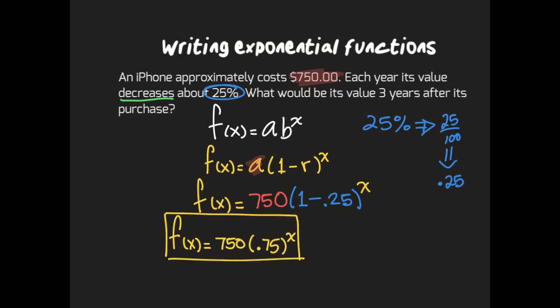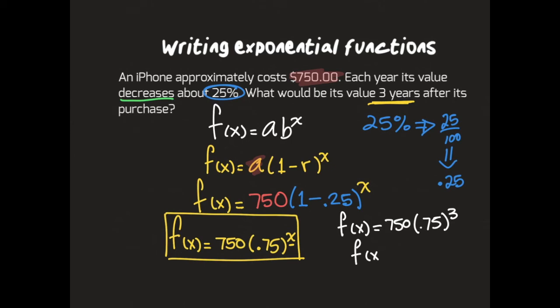But now we have to pay attention, because the actual question is asking what will be the value after 3 years. So what does that mean? Then my x value would be 3. It would look this way: f of x equals 750 times 0.75, and this is 3 years later, so x is 3.